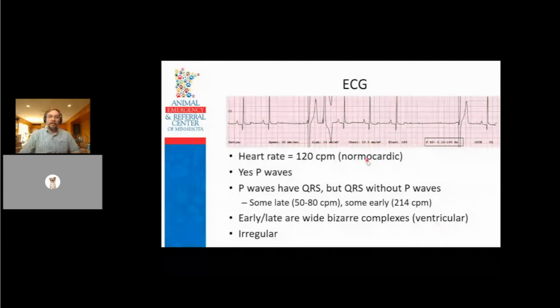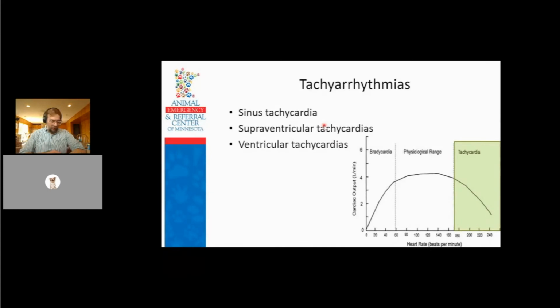If you look here, there's a pause, and then you have a wide bizarre beat. This dog I would say has two ventricular escape complexes, but it has one VPC, or one premature complex, here. So it's important to start thinking about the timing of, are these early or late, and what do I think is going on?